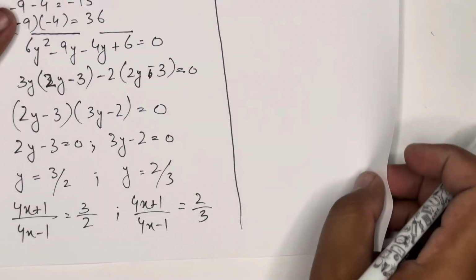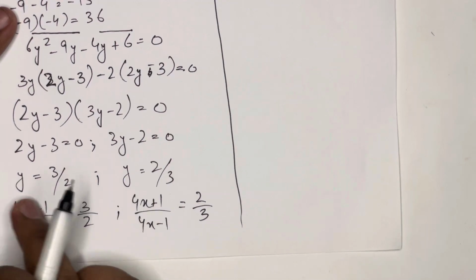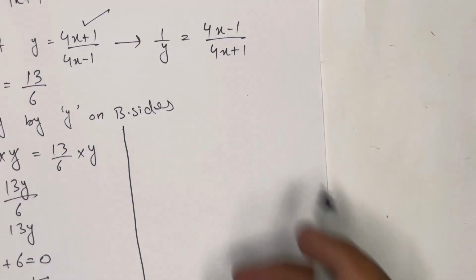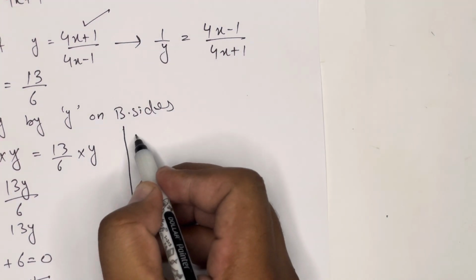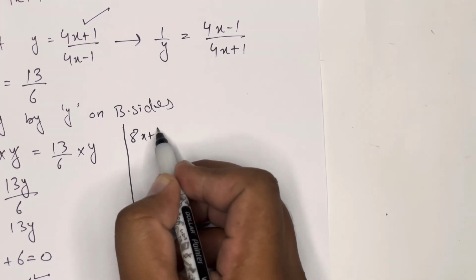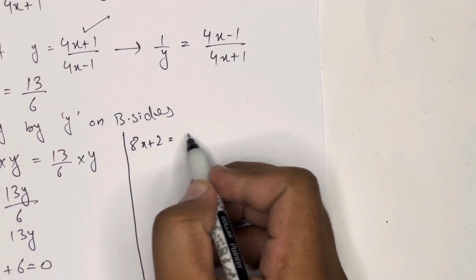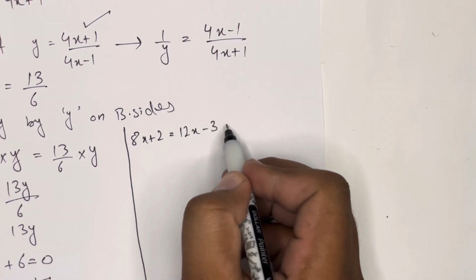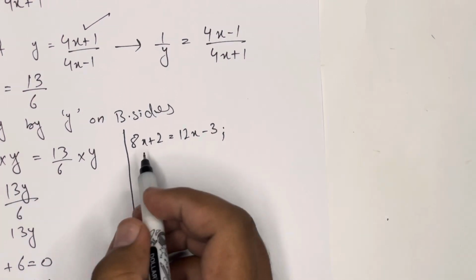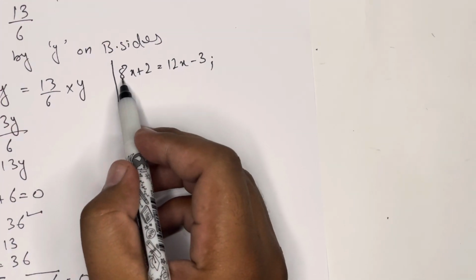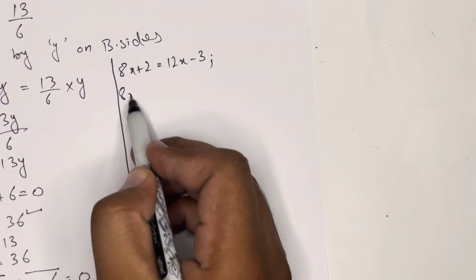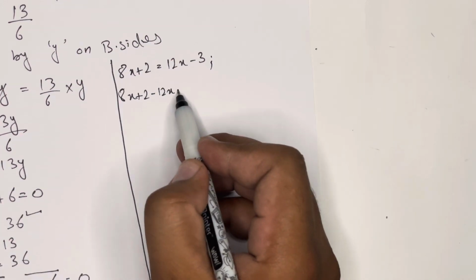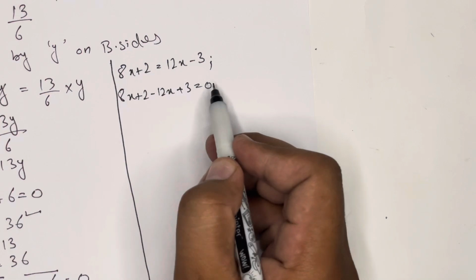Cross multiplying these two terms, here it will be 8x plus 2 and 12x minus 3. When I solve this, 8x plus 2 minus 12x plus 3 equal to 0.